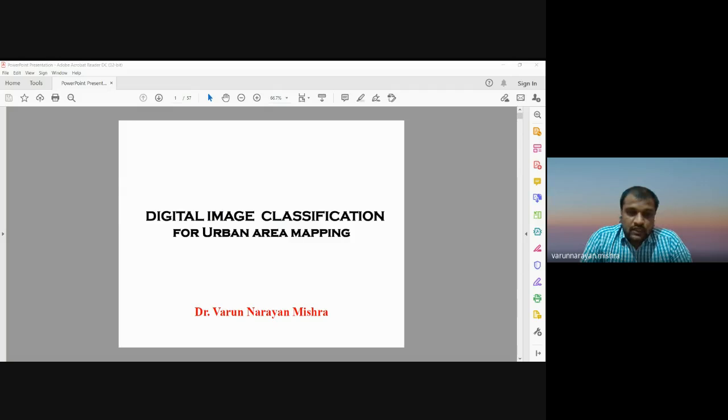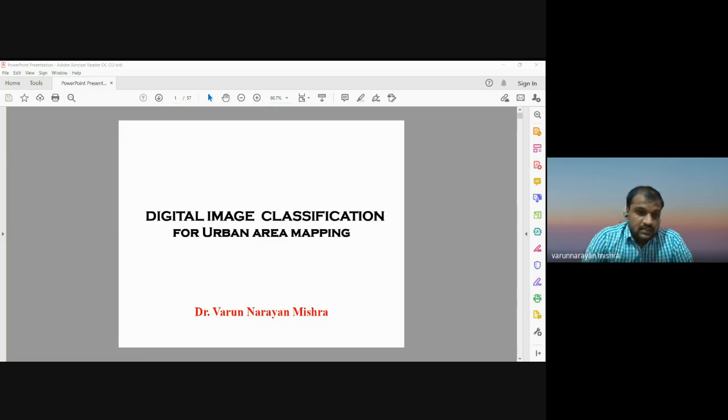Today, I am going to discuss different digital image classification techniques for mapping the urban area. When we talk about urban planning and regional planning, first we need to map the urban area.